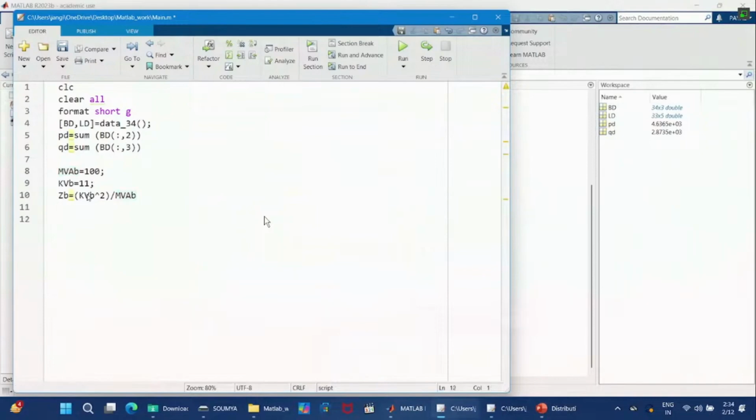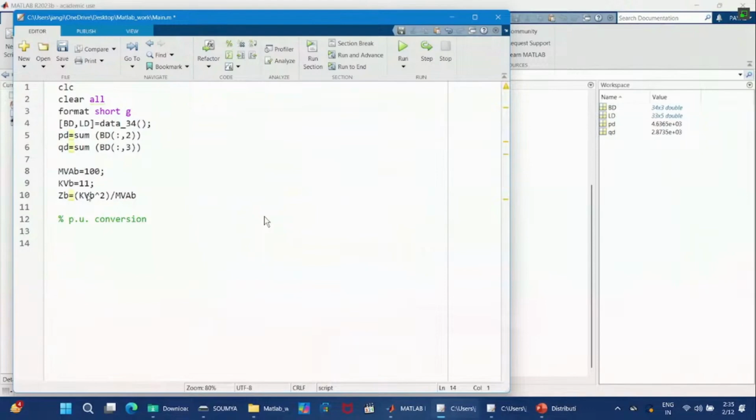Now for the conversion to the per unit system, we have to calculate per unit values for all of the branches. The R value and X value will be different for each branch.